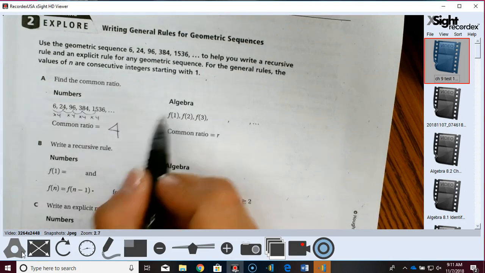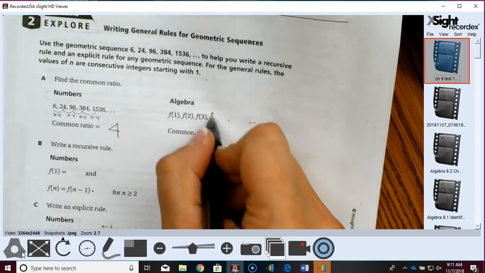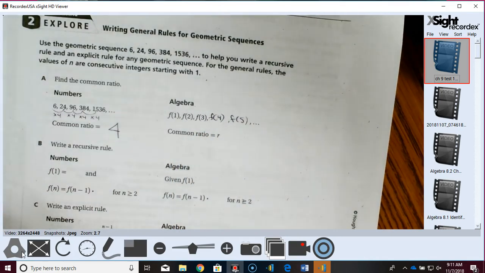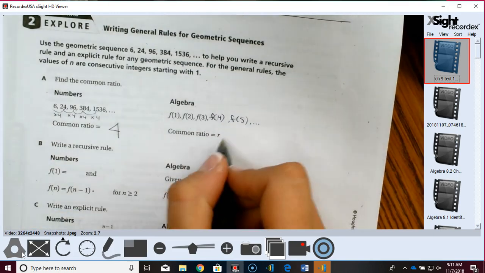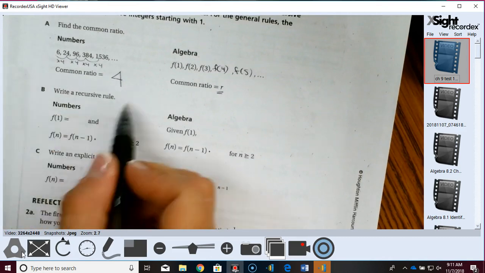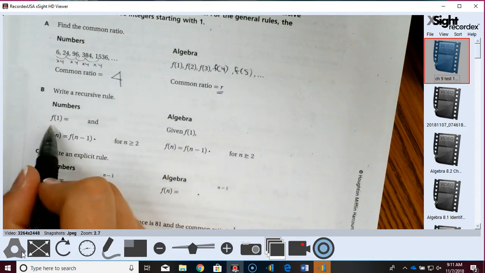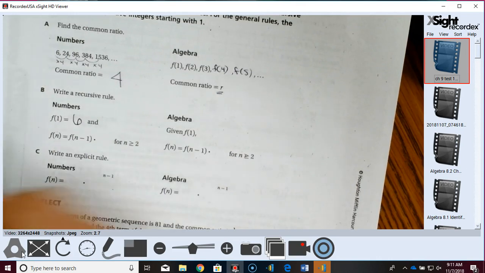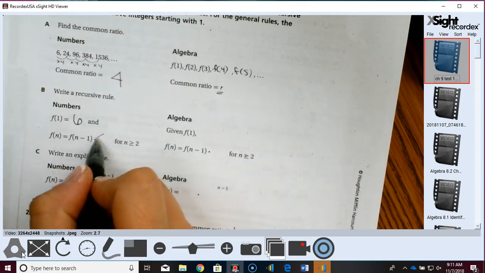f of 1, f of 2, f of 3, f of 4, f of 5, and so on, right? Common ratio, r. All right, the recursive rule: f of 1 equals 6, and f of n equals f of n minus 1 times the common ratio of 4.